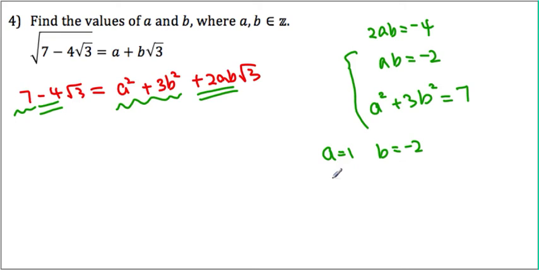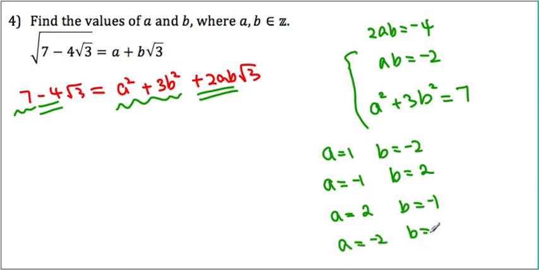And a can be equal to -1, then b can be equal to 2. Continually, if a is equal to 2, then b has to be equal to -1, and a is equal to -2, then b is equal to 1.